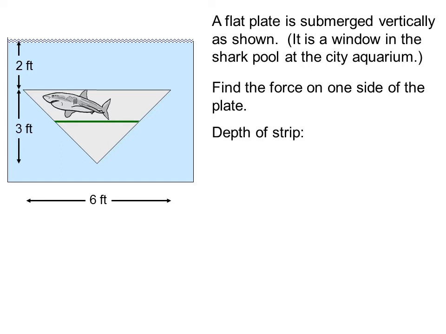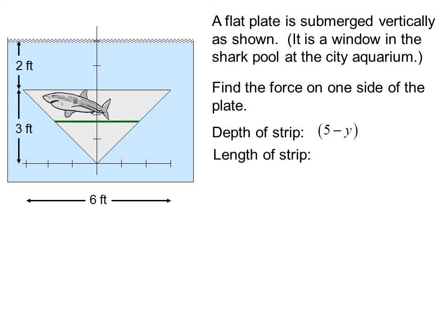The depth of the strip can be determined if we use this axis. The distance from the top of the water to the x-axis is 5 feet, and from that 5 feet we need to subtract the distance from the x-axis to our strip, which is y. So the depth becomes 5 minus y.